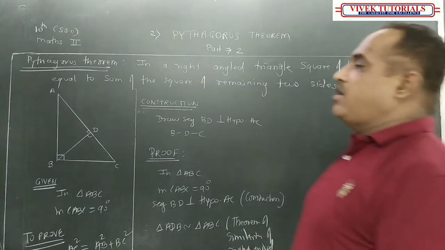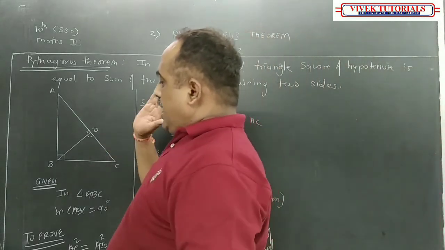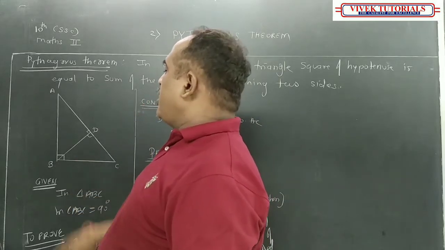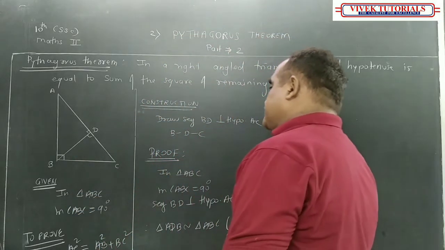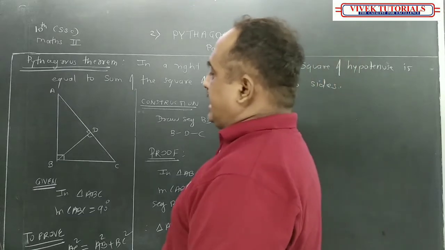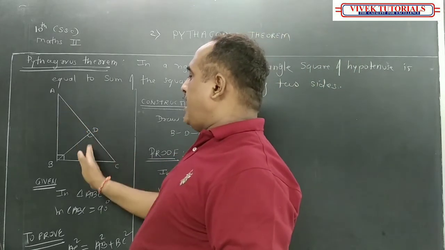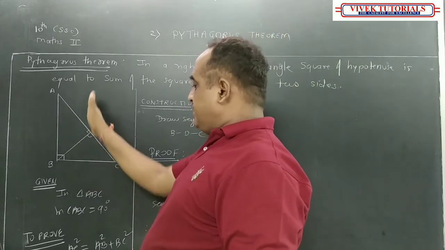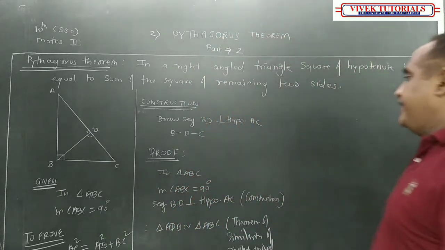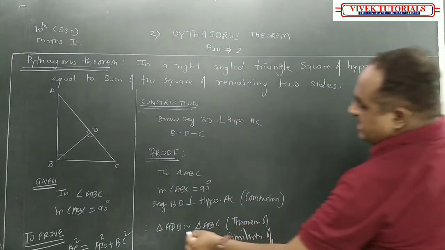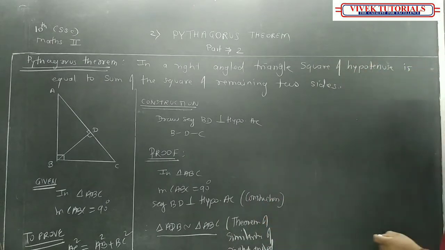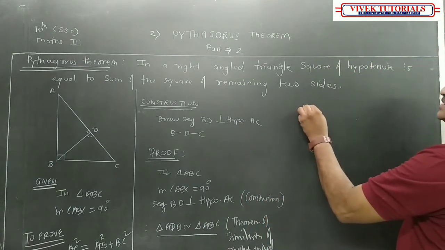See once again, what was that theorem? In a right angle triangle, when perpendicular is drawn to the hypotenuse from opposite vertex, then triangles obtained on either side are similar to original triangle. Like this. So, when they are similar, ADB is similar to triangle ABC, I can take it as what?